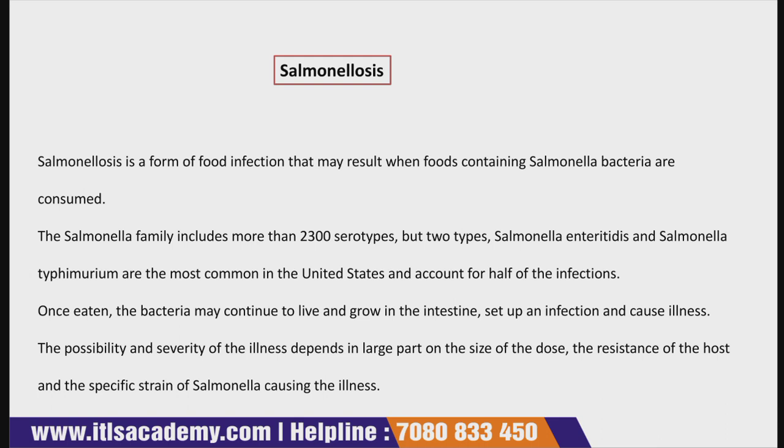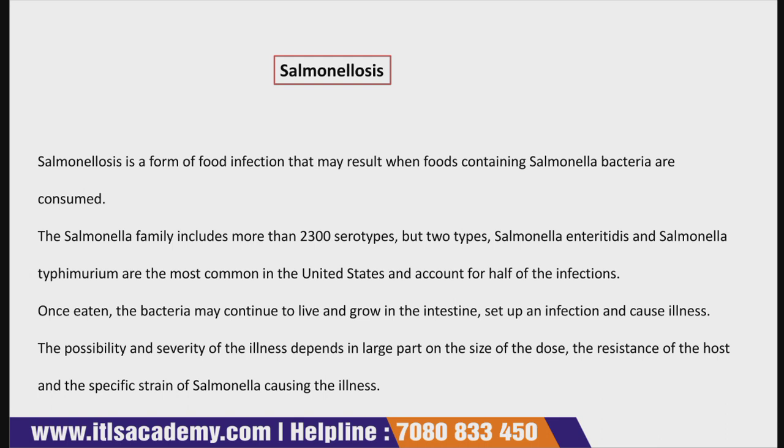The possibility and severity of illness depend in large part on the size of the dose, the resistance of the host, and the specific strain of Salmonella. So whether the symptoms are mild or chronic depends upon the dose, meaning the amount of Salmonella in your intestine.